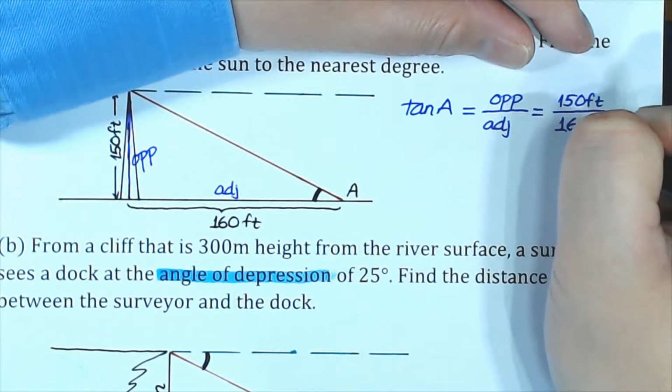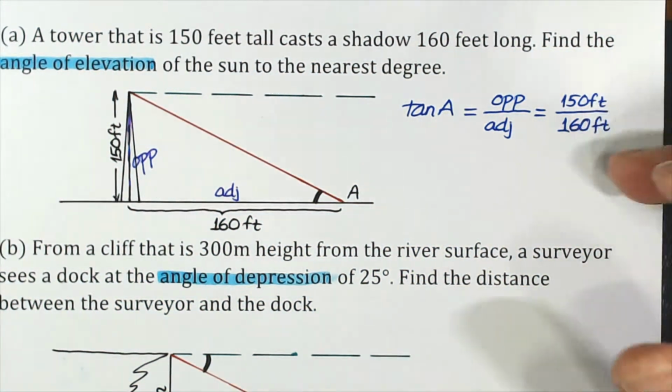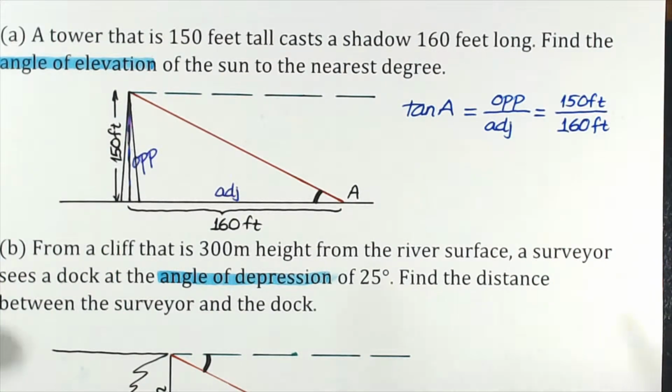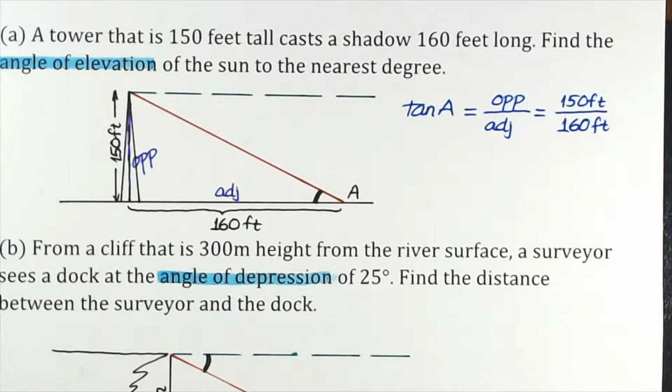Adjacent is 160 feet. The units we don't really need to put here, but the units cancel out, and we just have 150 over 160. After that, we have tangent of A is equal to 150 over 160, and then we can use the calculator and find the inverse tangent to get the angle.